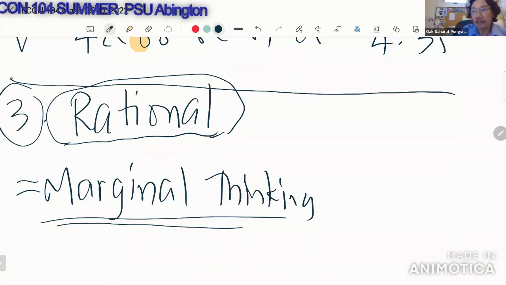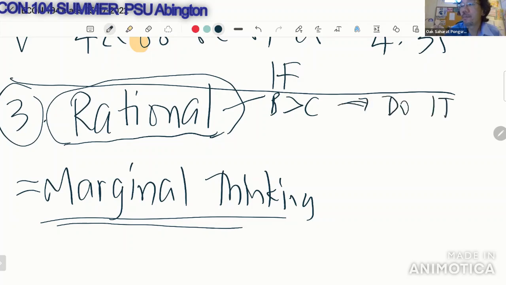I'm going to say what I have to say for the time being anyway, because I have to cover these. So rational means the following. If you disagree, maybe give me some better definition. Rational means the following. If the benefit outweighs the cost, you do it. And if the benefit is less than the cost, or is being outweighed by the cost, you don't do it.